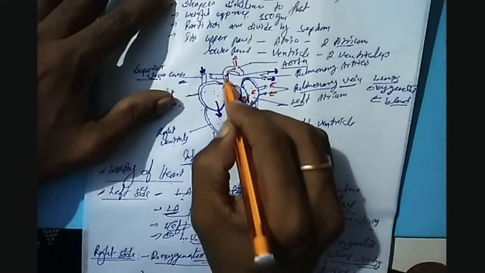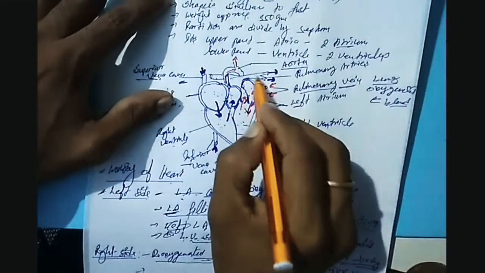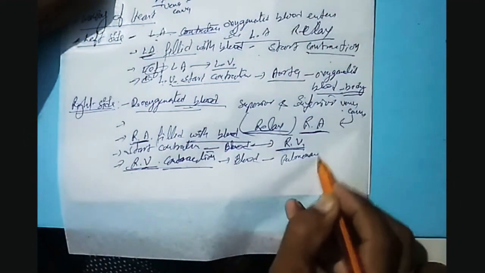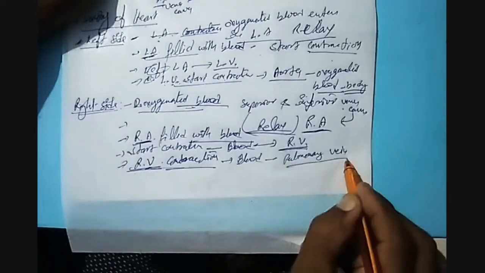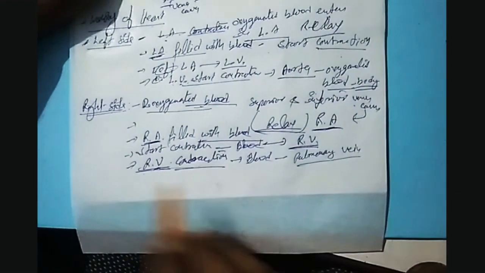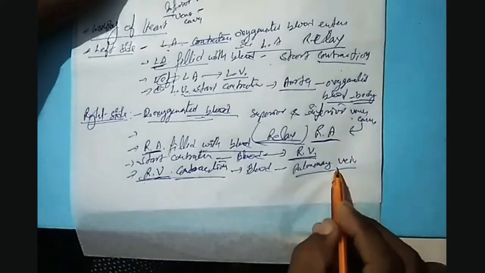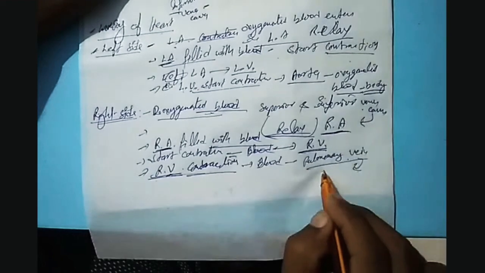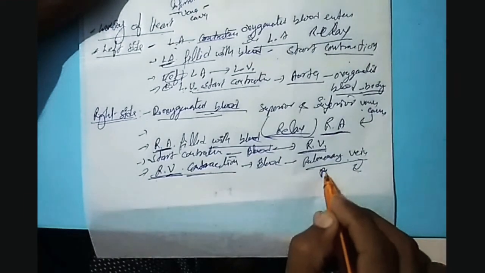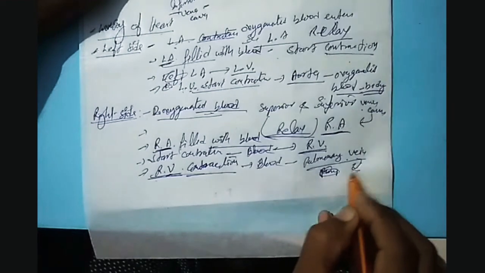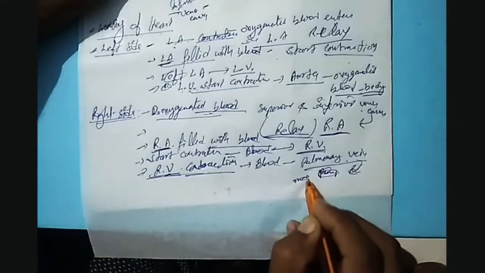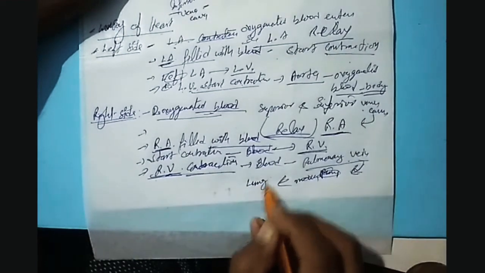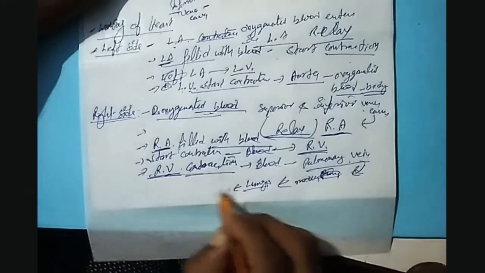the pulmonary veins. These are the pulmonary veins. And the pulmonary veins move the blood into the lungs for oxygenation.